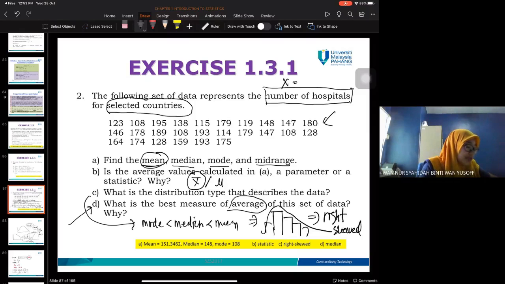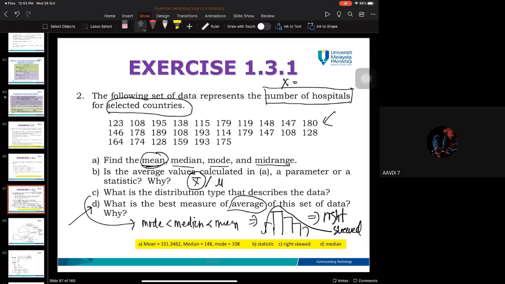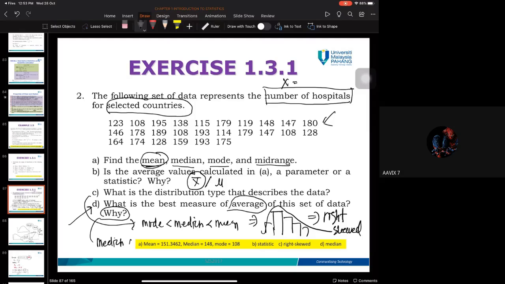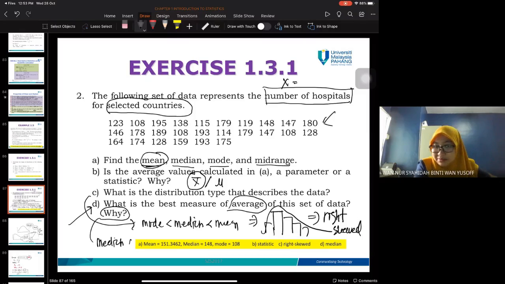Okay, so how do we answer this question? What is the best measure of average of this set of data? Apa dia? It is median. Why? Median, because it is less affected. But here we don't really compare the mean and median.